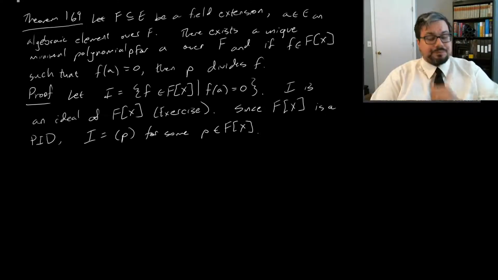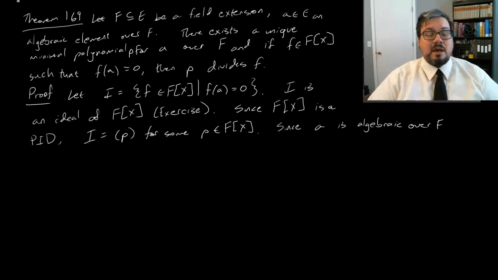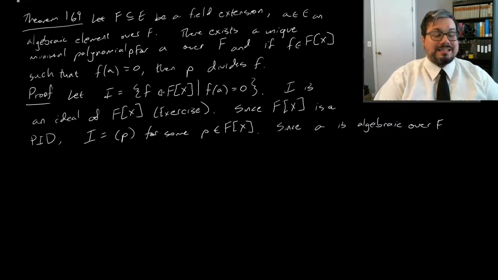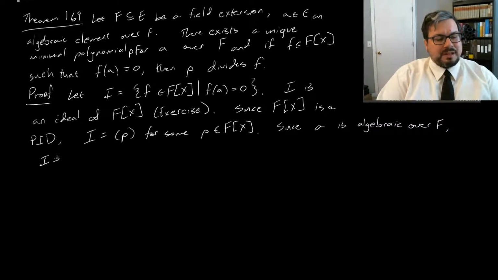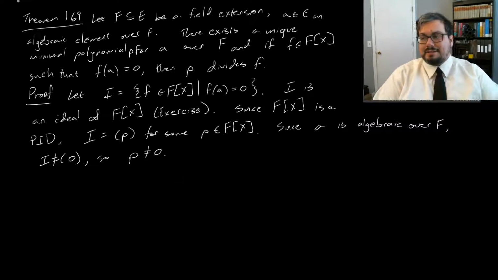Now, since a is actually algebraic over F, it means that there is some non-zero polynomial that has a as a root, so I contains at least some non-zero element, which means that I is not equal to the ideal generated by just 0, and so in particular this means that the generator p of I is non-zero.